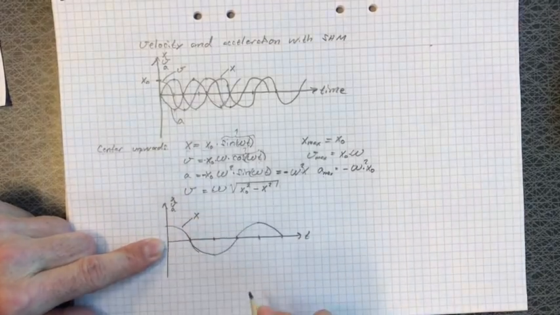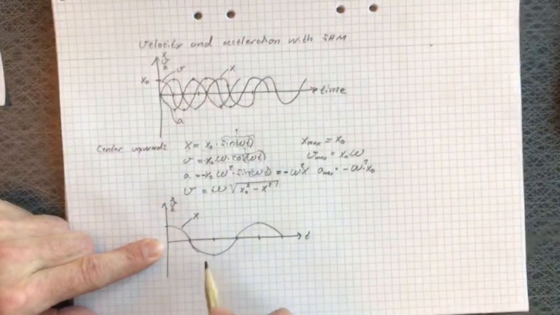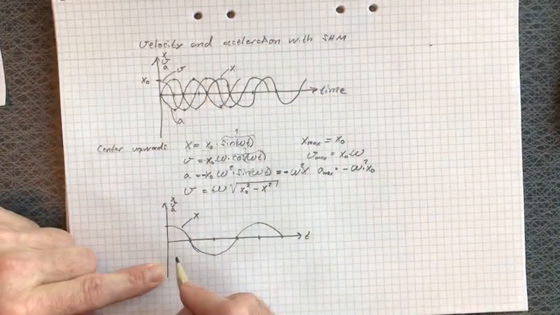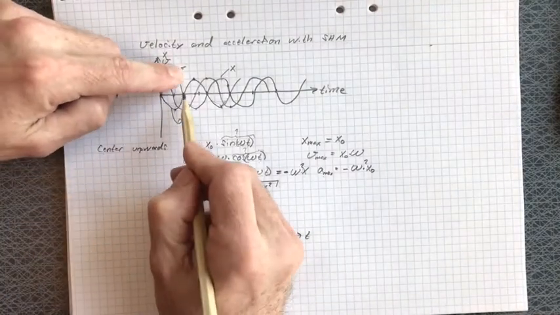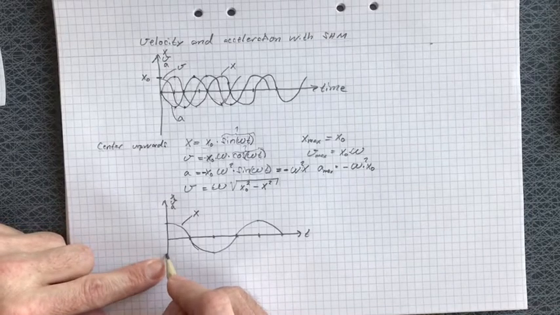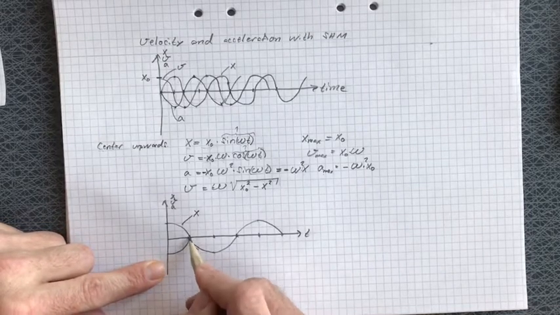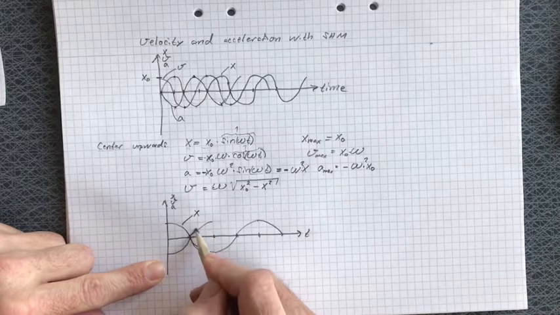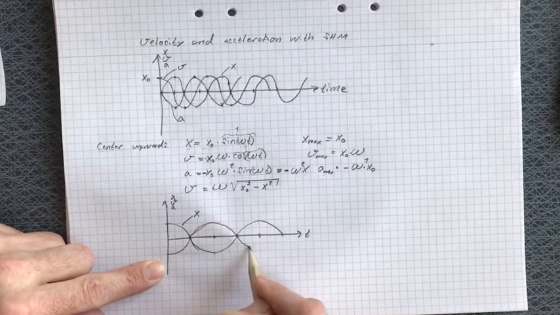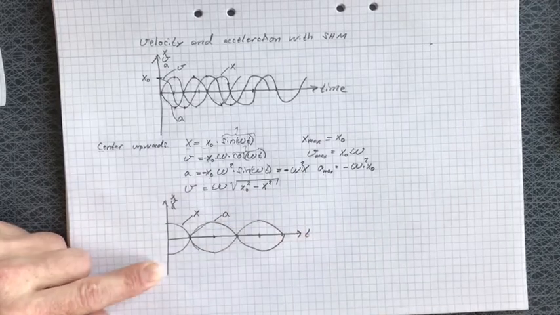This is the displacement curve. But if we do it in that case, then the acceleration will do the opposite, in some sense. So the acceleration will look like this, going in this direction, going like this, and going like this. So this is acceleration.